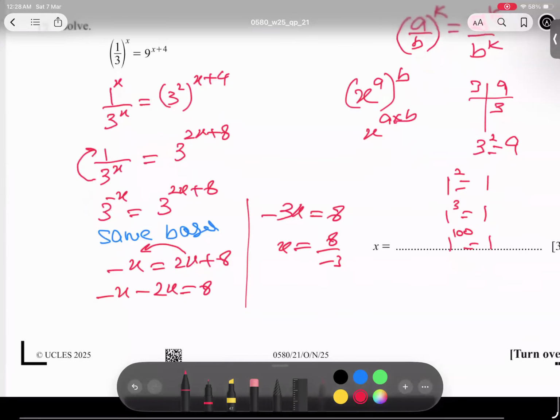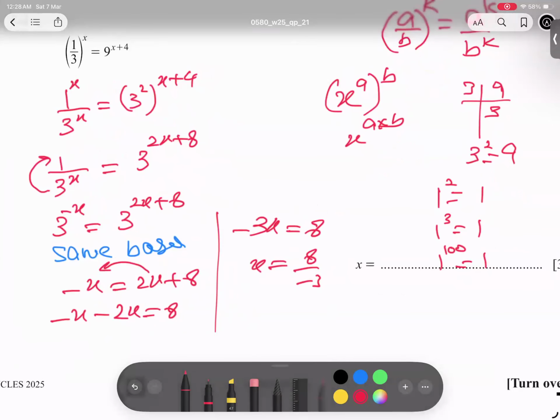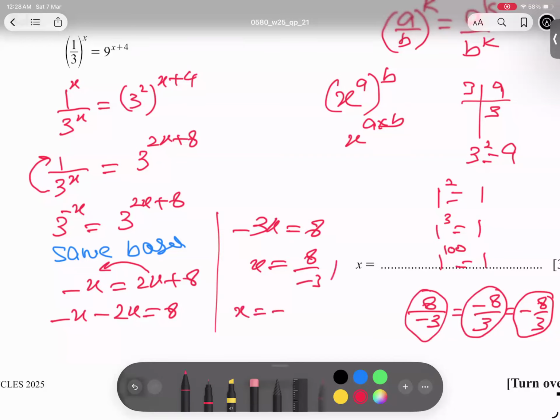And for your knowledge, listen to me carefully, with 8 over negative 3, the negative can come below, on the top, or in the middle. All three values are the same, and the best one is in the middle. So I'm writing here negative, but now the interesting part. 8 by 3, what to do?